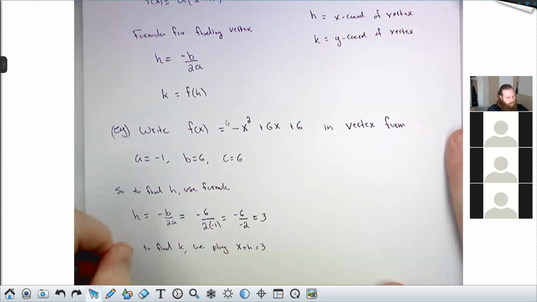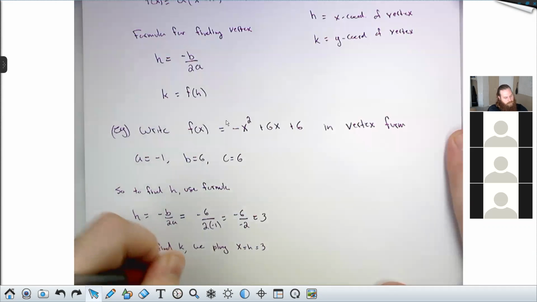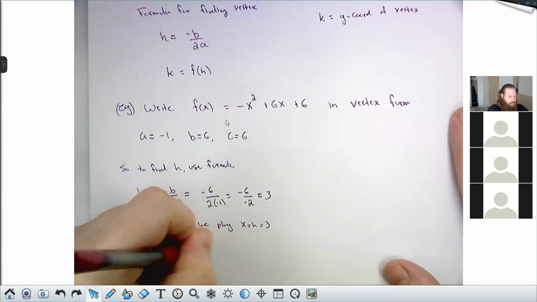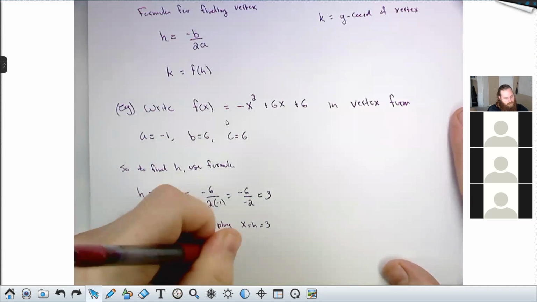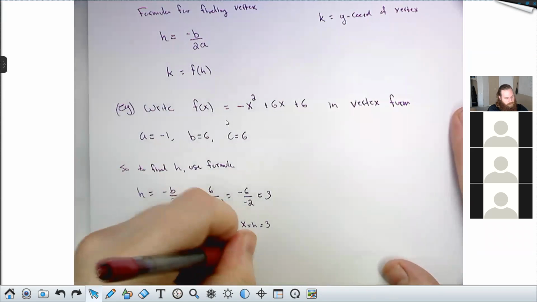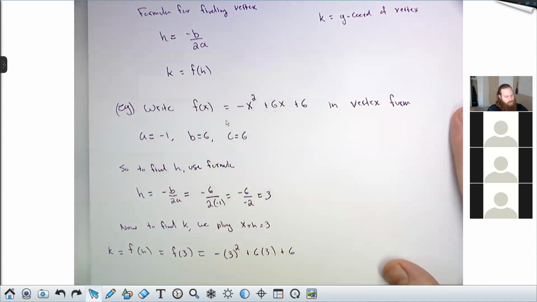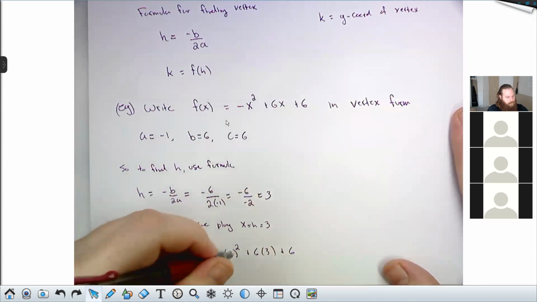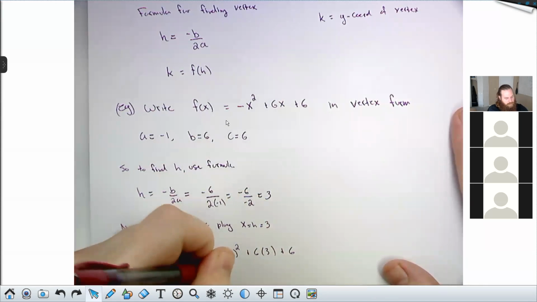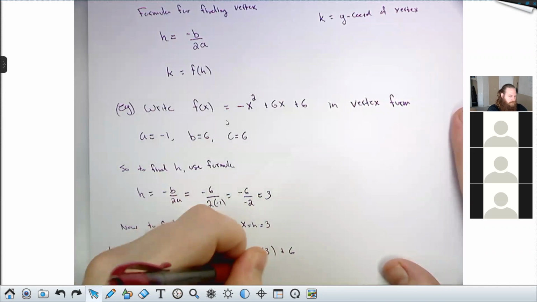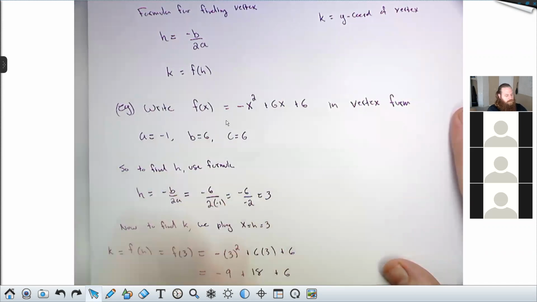So k is always f of h, which in this case is f of 3. f of 3 is the negative of 3 squared plus 6 times 3 plus 6. So 3 squared is 9. The negative of that is -9, plus 6 times 3 is 18, plus 6.